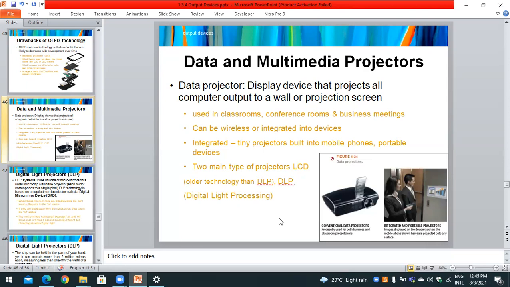So there are very good colors in LCD projector, and there is slightly very good light available in LCD. So both have their own advantages and disadvantages.